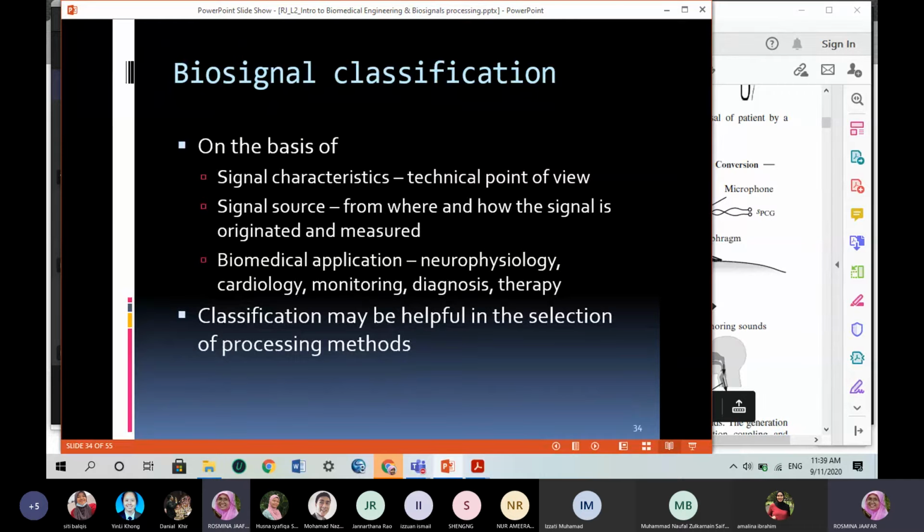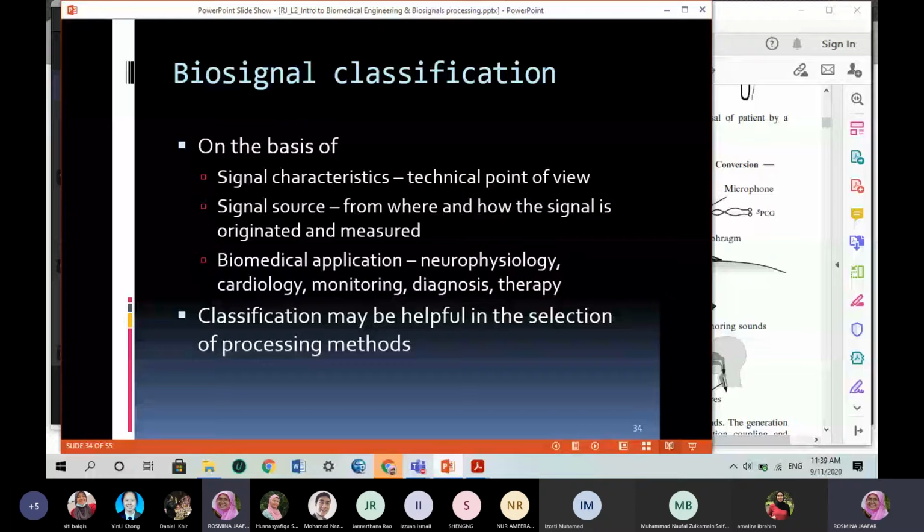Okay. So how do we do classification of the signal? We can classify the signals on the basis of a few features: based on the signal characteristics, based on the signal source, or based on the application itself.